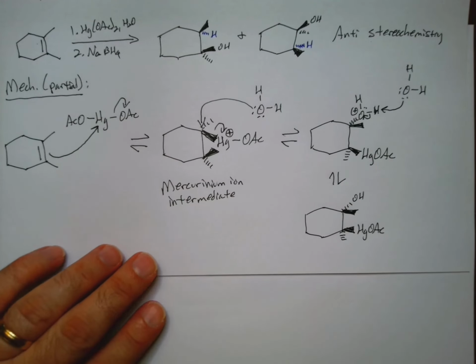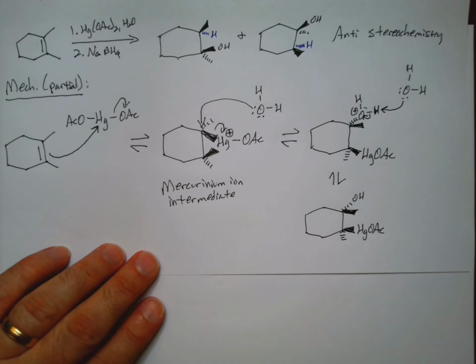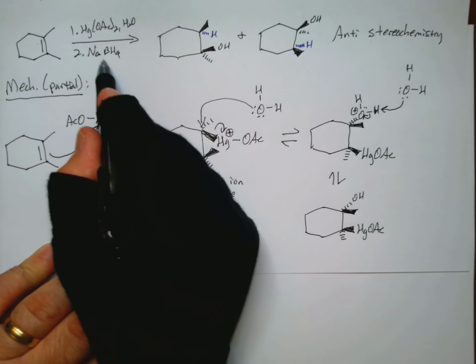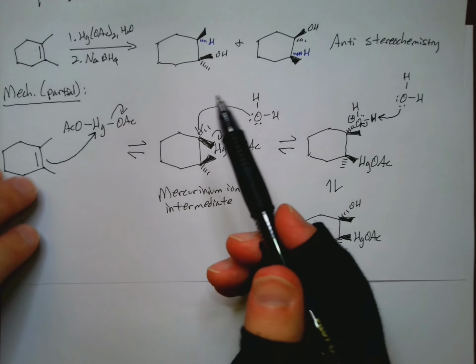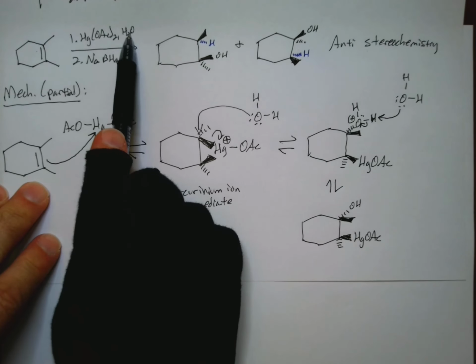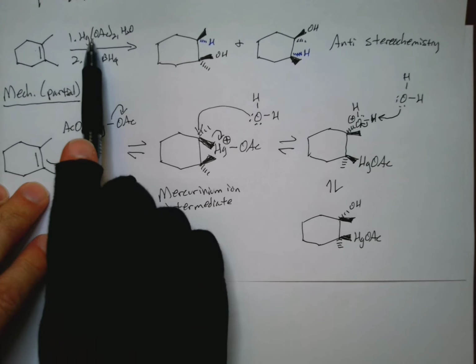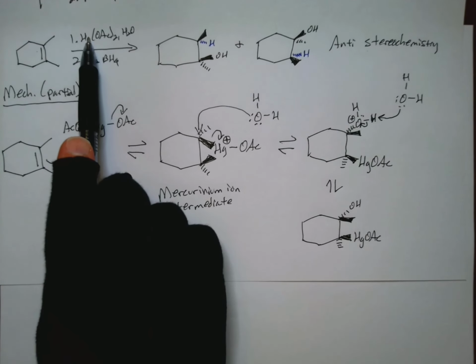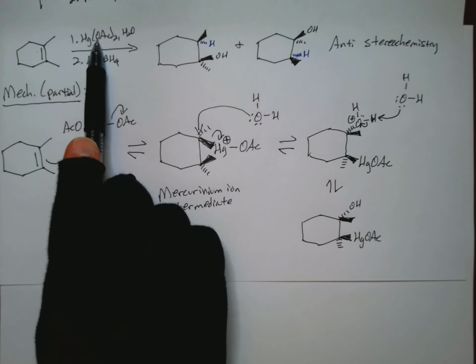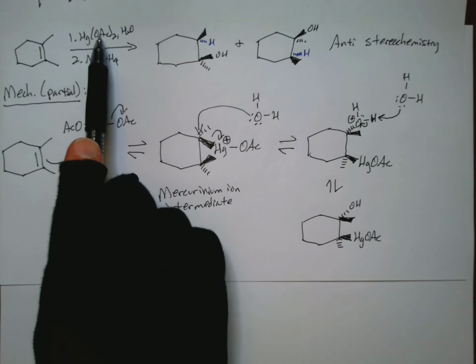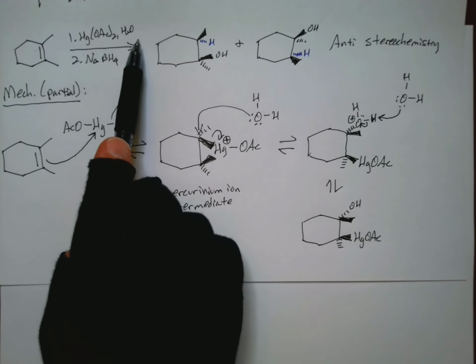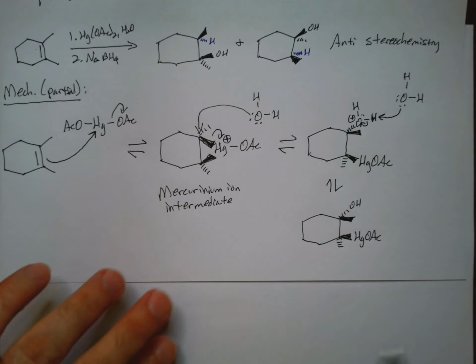And then in the final step, which I'm not going to draw the mechanism for, or rather the second part of the reaction. So whenever I write like 1 and stuff and 2 and stuff, that means they're two separate steps. First we add the HgOAc2 with water, reaction occurs, then we'll add NaBH4.